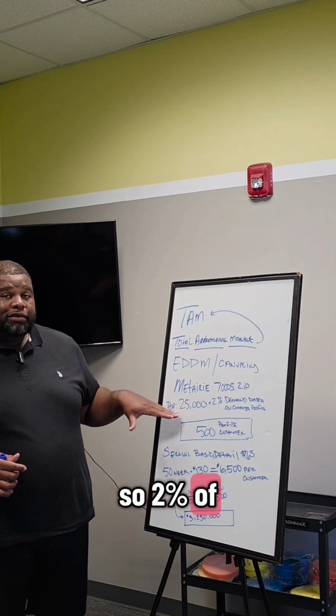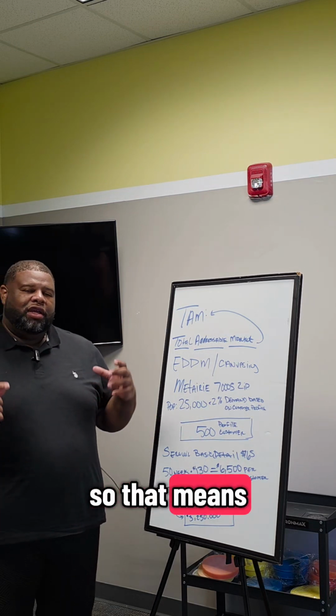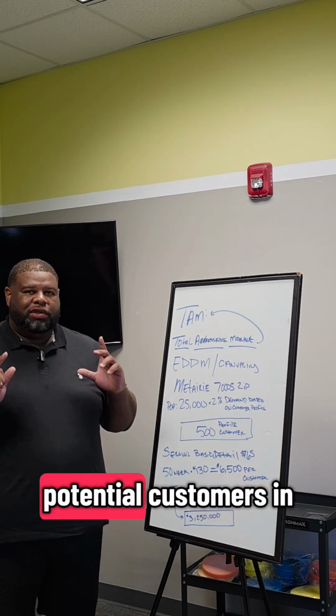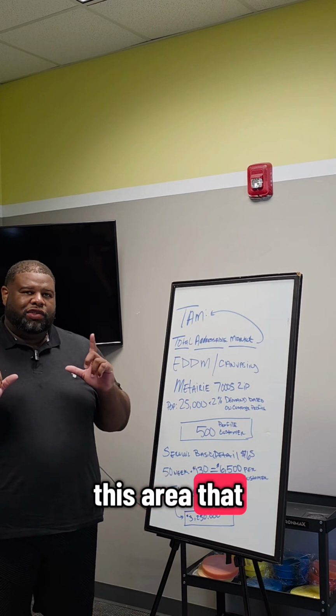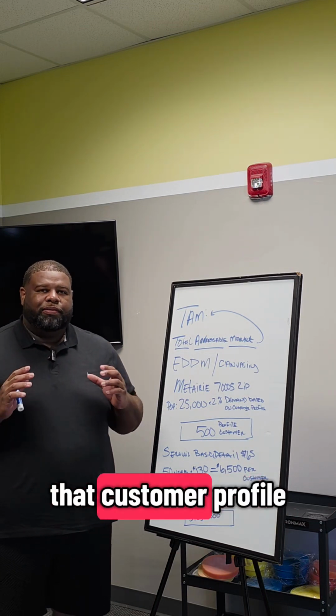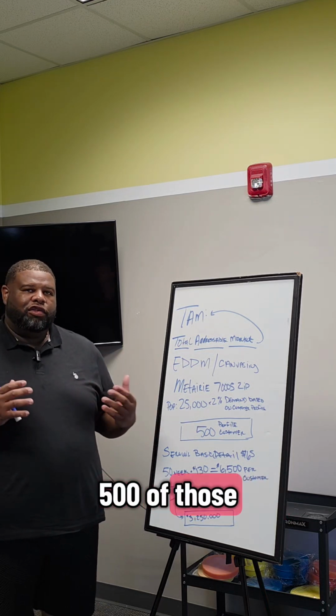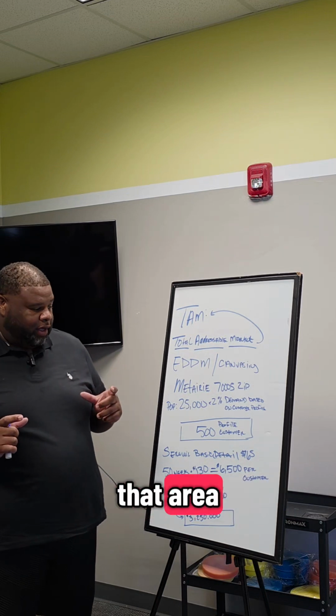So 2% of 25,000 is 500. That means you have 500 potential customers in this area that you can target based upon your customer profile.